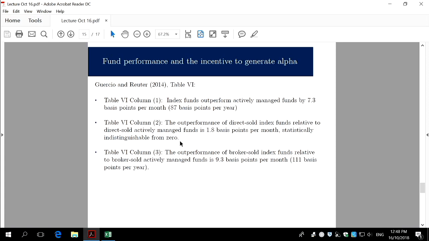Which means if you are in the direct sold segment, then index fund and active fund basically have similar performance. No big difference. They are basically the same. But the column 3, another segment called broker sold, then broker sold index fund relative to broker sold active fund, the difference is huge.